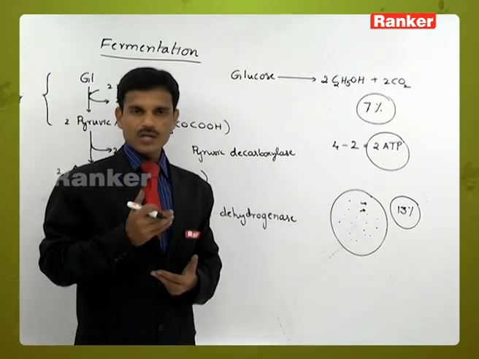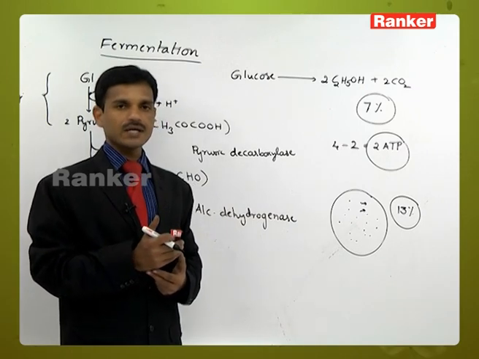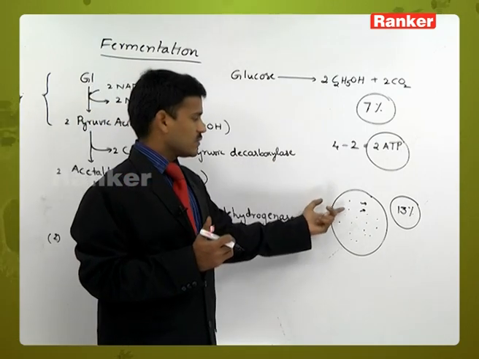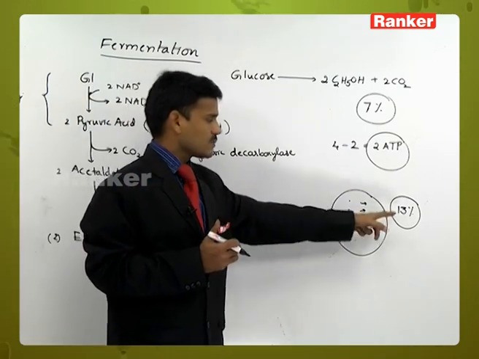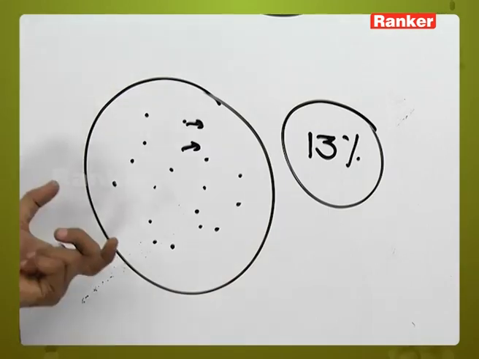They are producing the alcohol, but when it reaches up to 13%, that is not suitable for the growth of yeast members. In 13% alcohol, all the yeast members die.